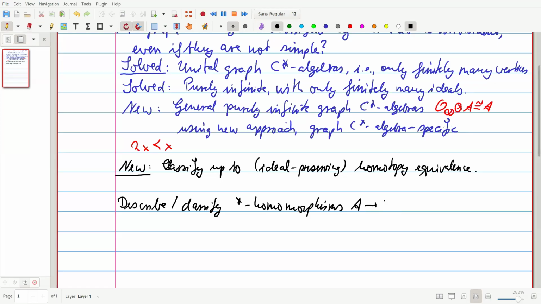So let's say B tensor compact operators, where A is a graph C-star algebra.